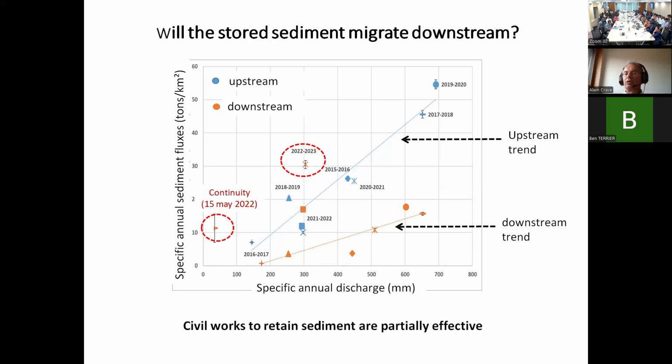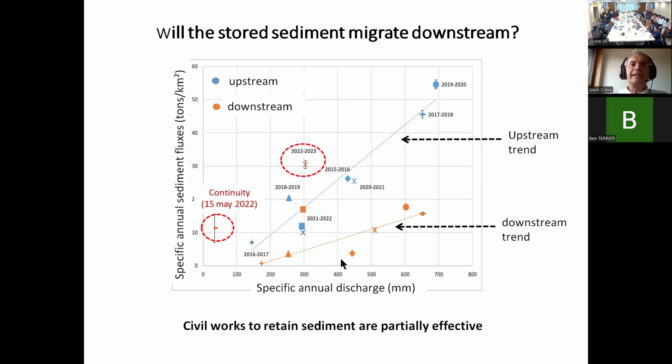Because the sedimentary continuity happened in May 2022, we already have, since one or two years, other values that indicate the behavior of the watershed downstream of the dam in terms of specific annual sediment fluxes. In the red circle, you have the new value after the dam removal.